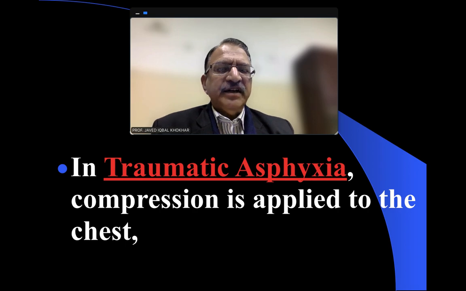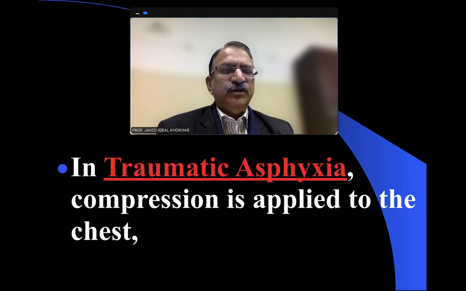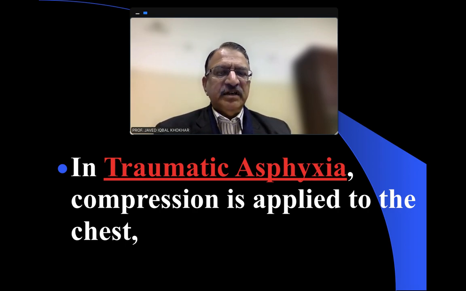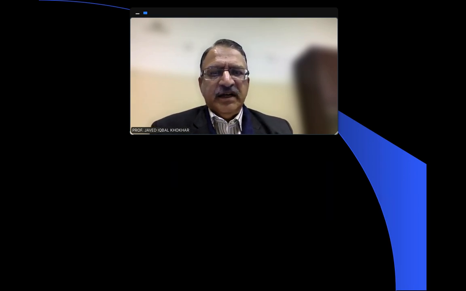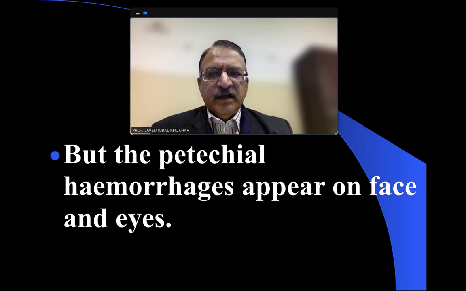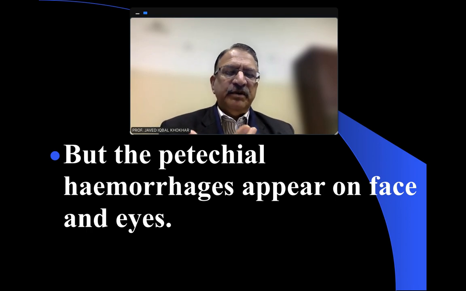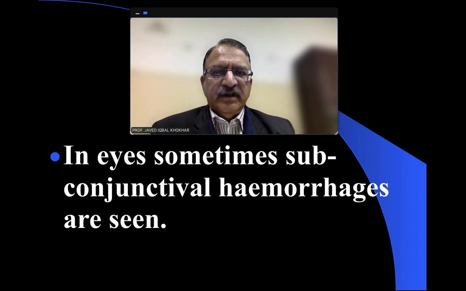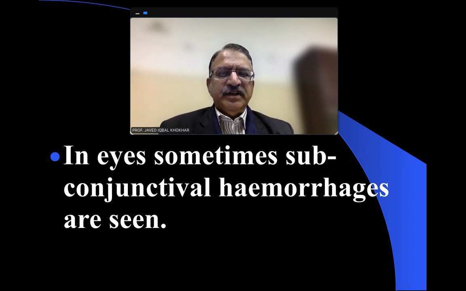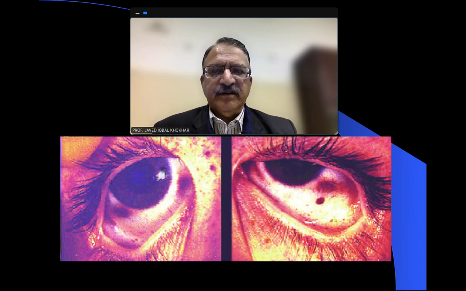Like in traumatic asphyxia, the compression is applied to the chest in a stampede or other trauma, when the debris is falling on the chest in a falling building, then the chest is compressed in traumatic asphyxia, but petechial hemorrhages will appear on the face and eyes. In the eyes, sometimes subconjunctival hemorrhages can be seen. Okay, these are hemorrhages.